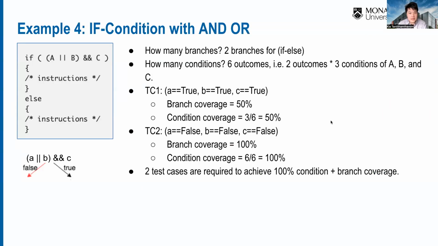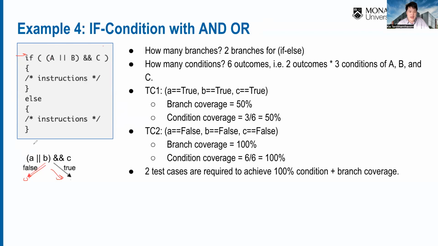What about an if condition with and/or? In this case, this is the if condition: A or B and C. How many branches do we have here? We have only 2. One if statement, 2 branch outcomes, either true or false.